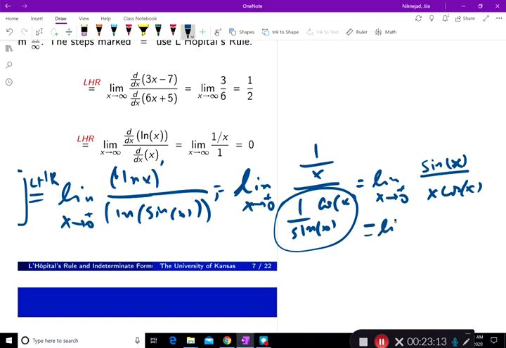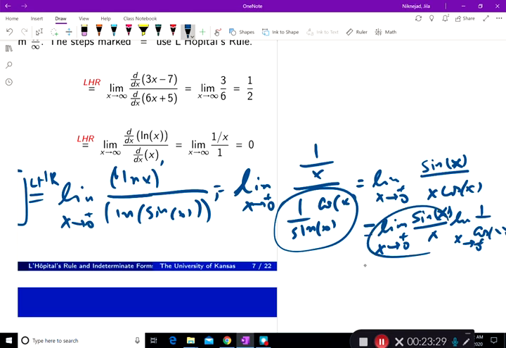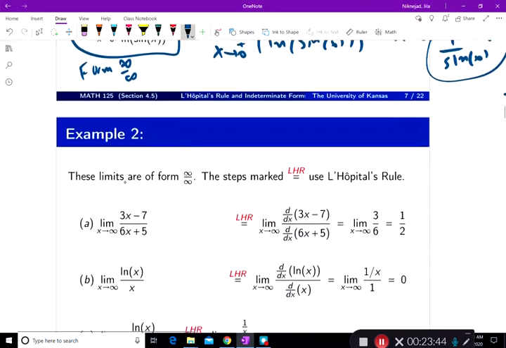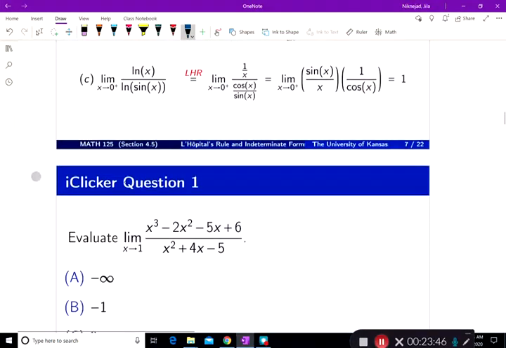I can separate this into sine of x over x and the limit of 1 over cosine of x. As x goes to 0, the first one is 1, the second one is 1. We end up with 1. So this limit is 1. So natural log of x and natural log of sine of x have the same growth rate.